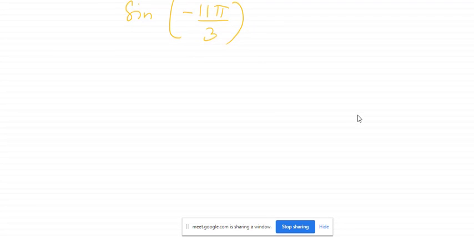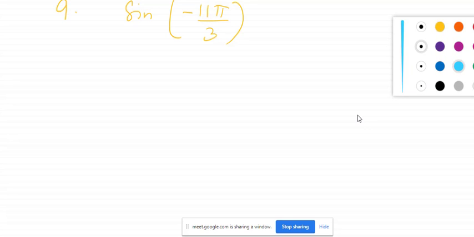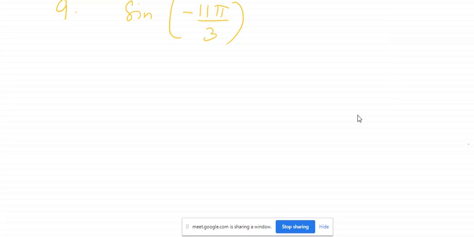Here we have another question, that is sine minus 11 pi by 3. Again you can do it in that form. Either you can take the negative outside and then follow the rules, or else you can add the multiple of pi.